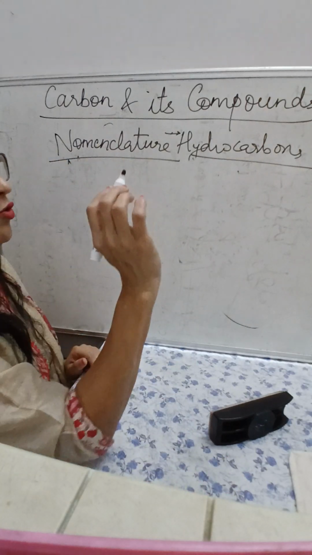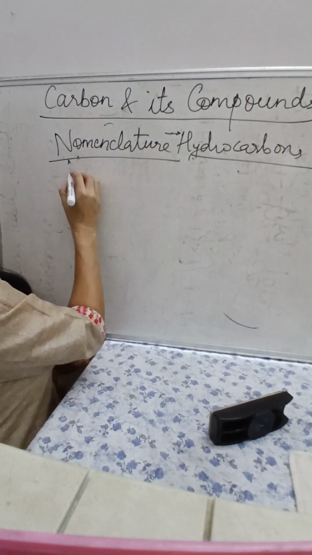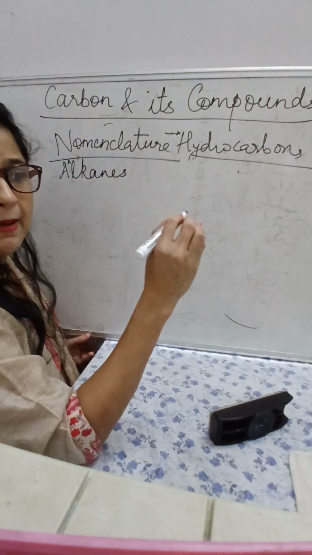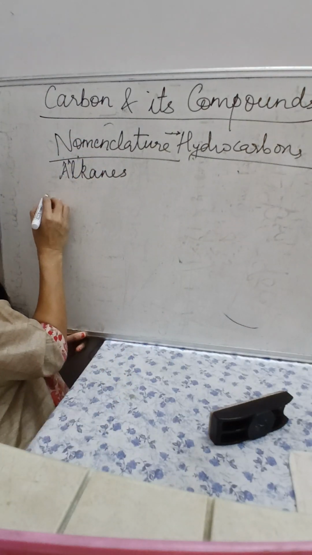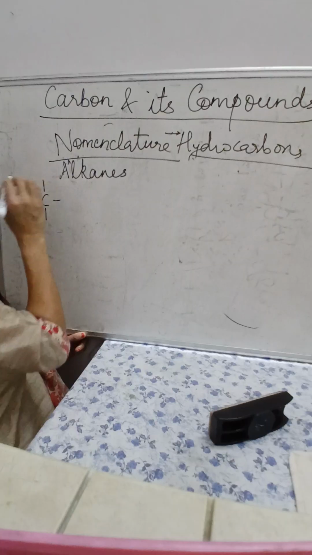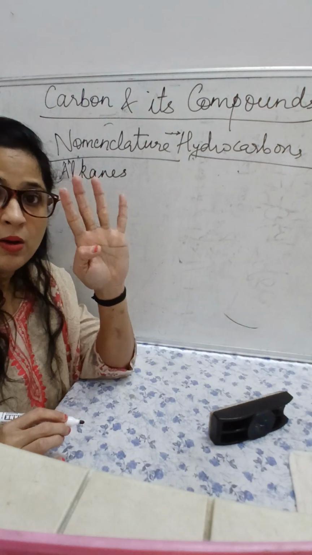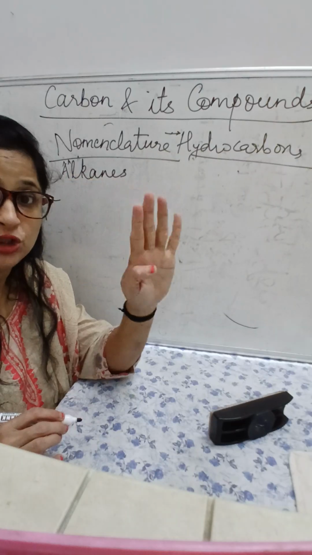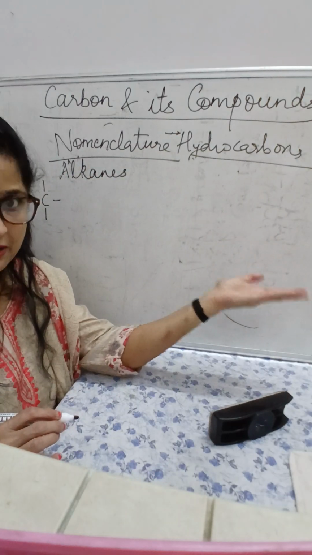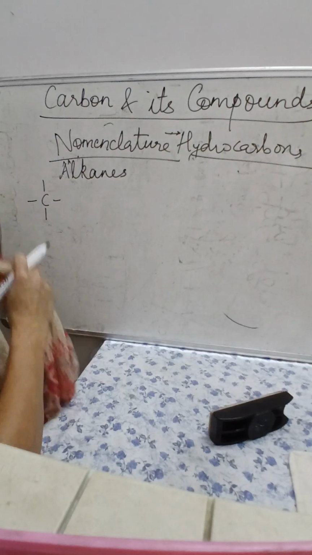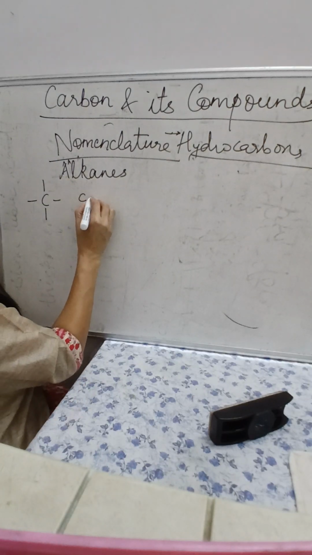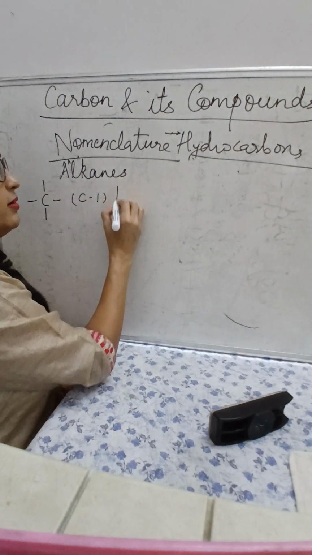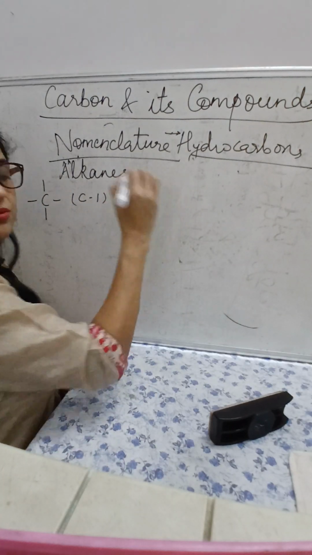Now as I told you, for aliphatic there are 3 types. Alkanes. So children, remember that carbon has a tetravalency, the capacity of combining with 4 other hydrogen, carbon and other carbon atoms. So when we have only 1 carbon atom, we name it as meth.